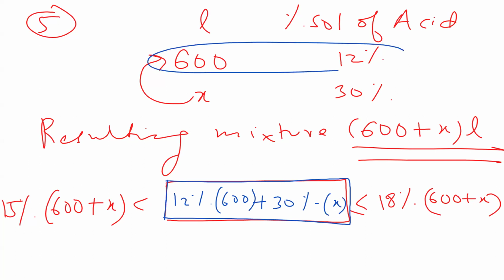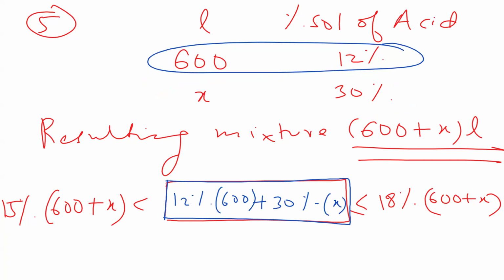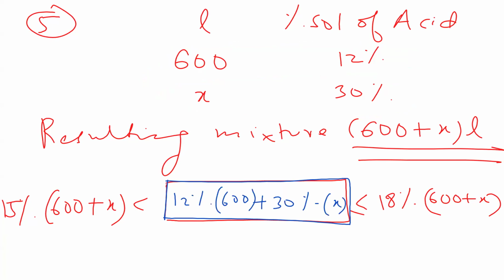So this was added to this. And whatever answer we get, the concentration should be between 15% and 18%. So this framing might be a challenge. Go through this recording once again to revise this problem. Now it becomes very simple.